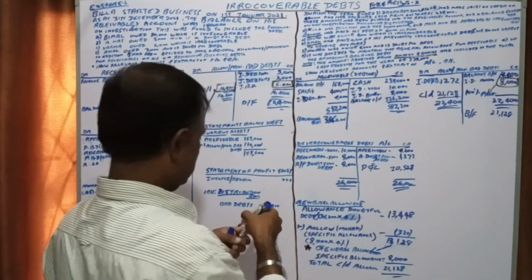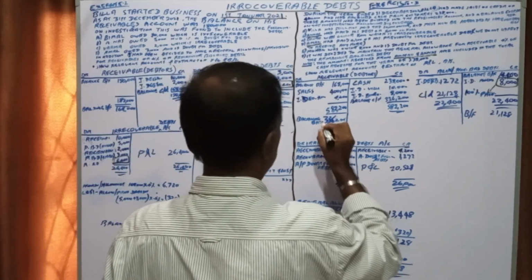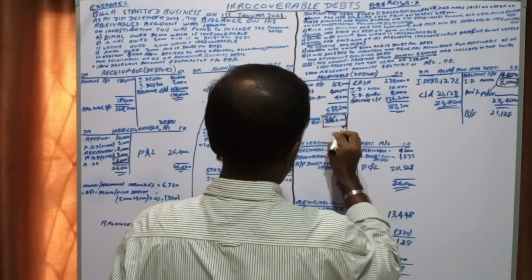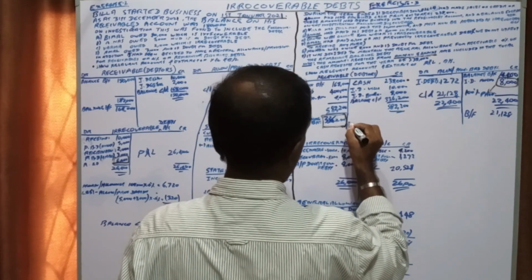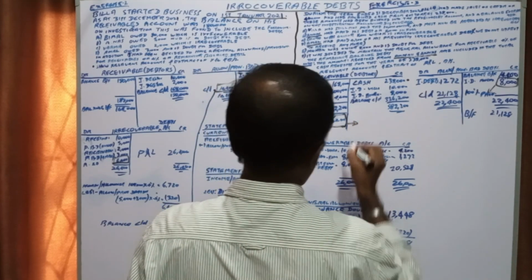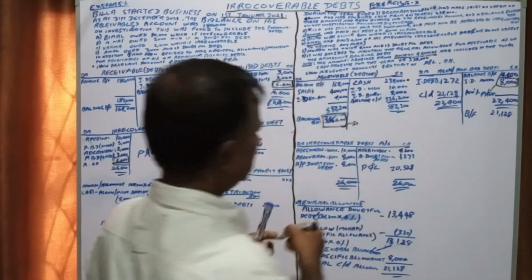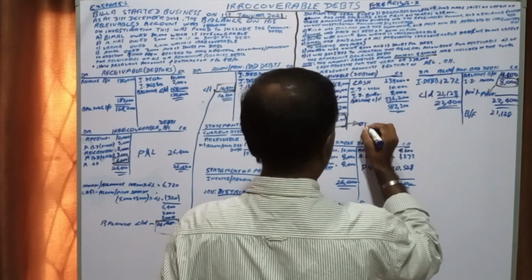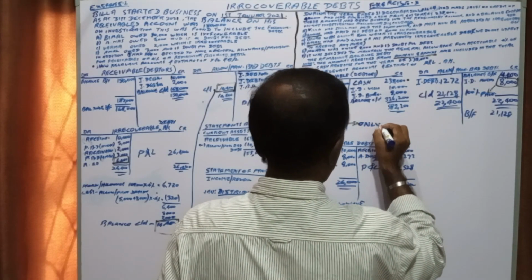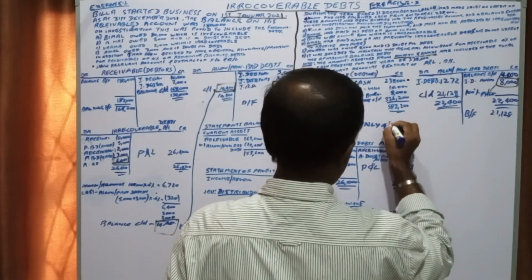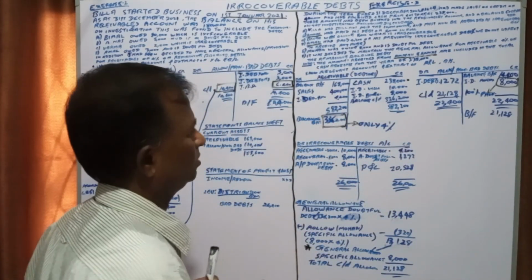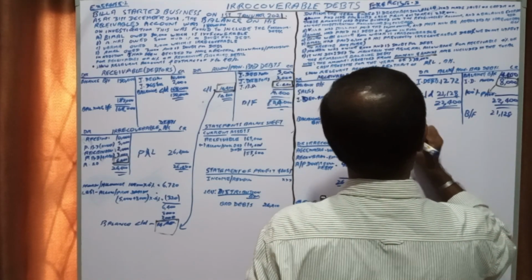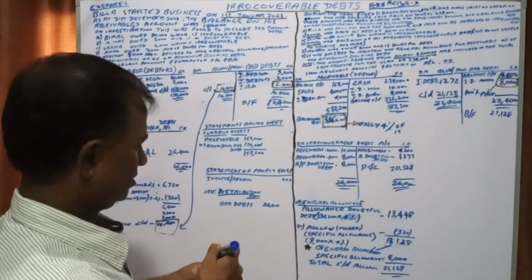Here, you know, this 336,200, we have a general allowance. That means only 4% on it. Only 4% of it. Right? 4% of it.